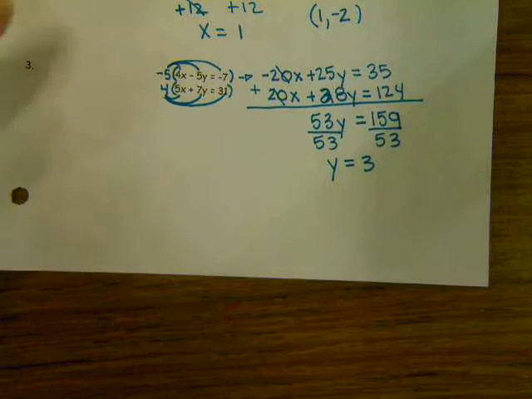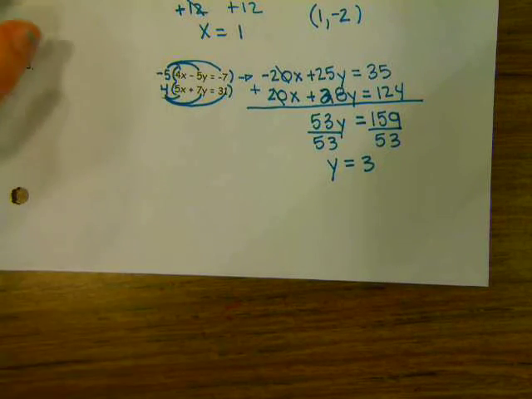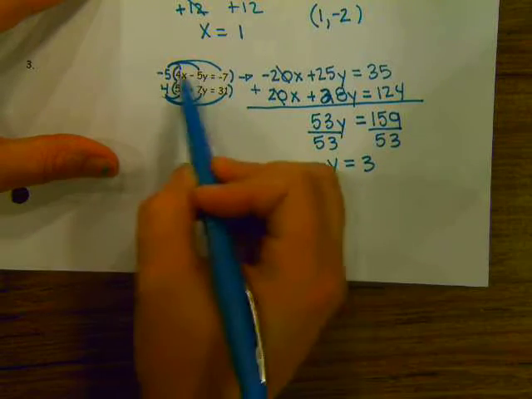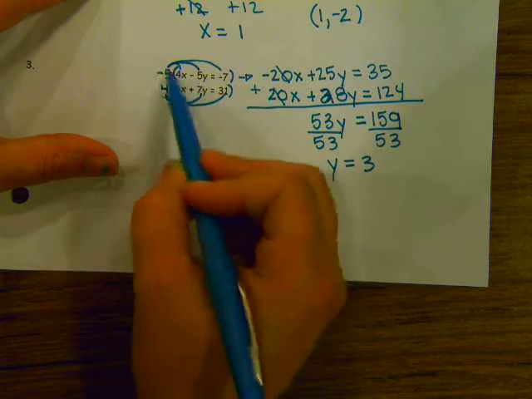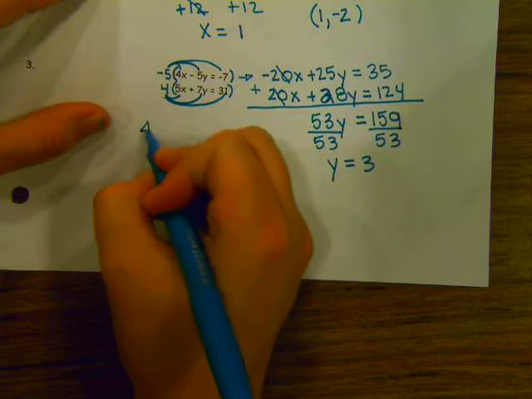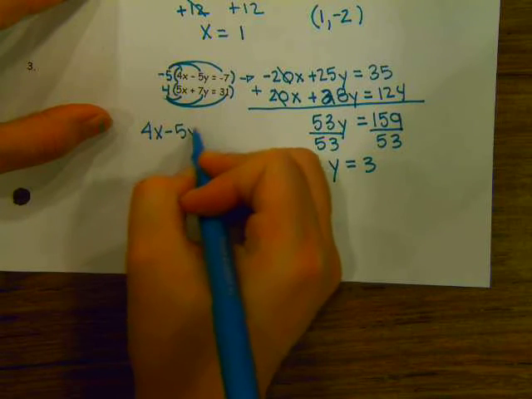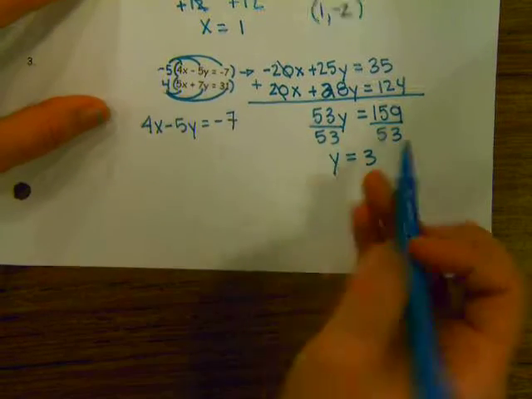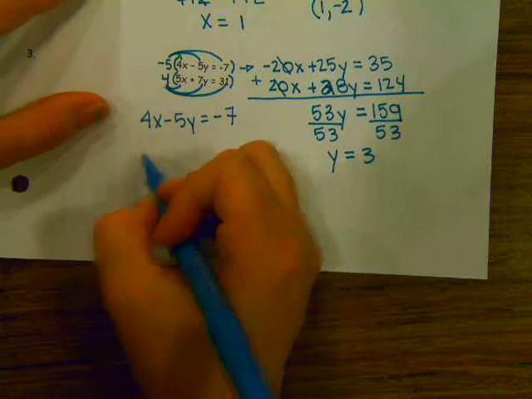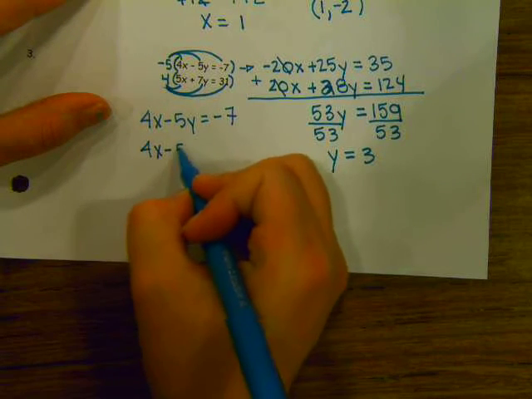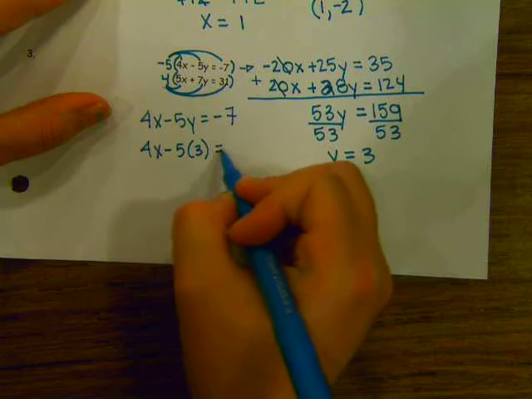Use your calculator, sometimes the numbers get big. And then from there, you just pick, again, your original typed problem. I'll pick the top one, 4x minus 5y equals -7. And I'm just going to plug 3 in for y. So 4x minus 5 times 3 equals -7.